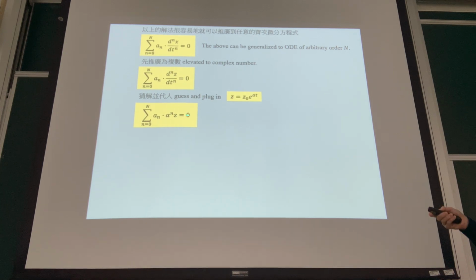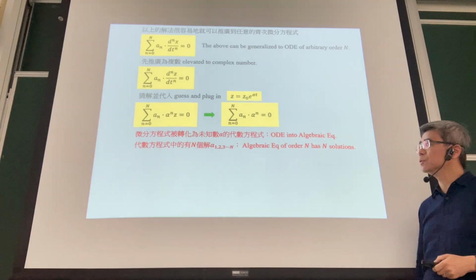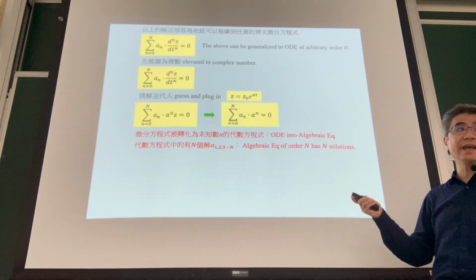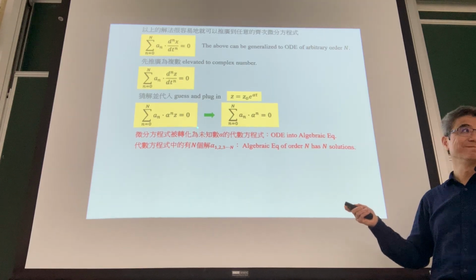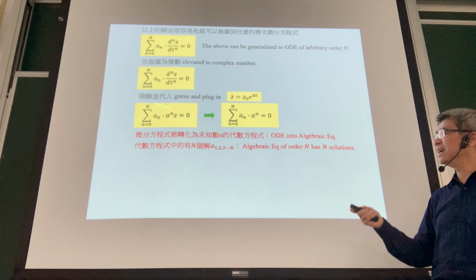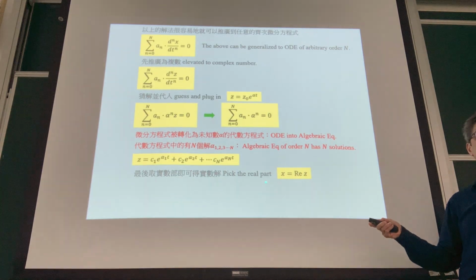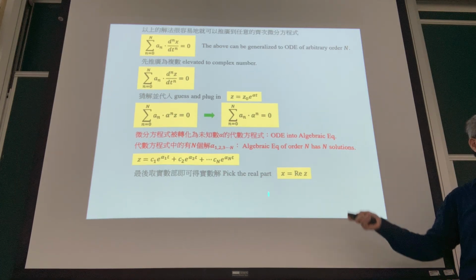When you plug in, the differential equation now becomes an algebraic equation for alpha, and then you can solve for alpha. Usually, for an algebraic equation of order n, there are n solutions. If there are n solutions, you can just form a linear combination to get a general solution, and then pick the real part. It's the same procedure.